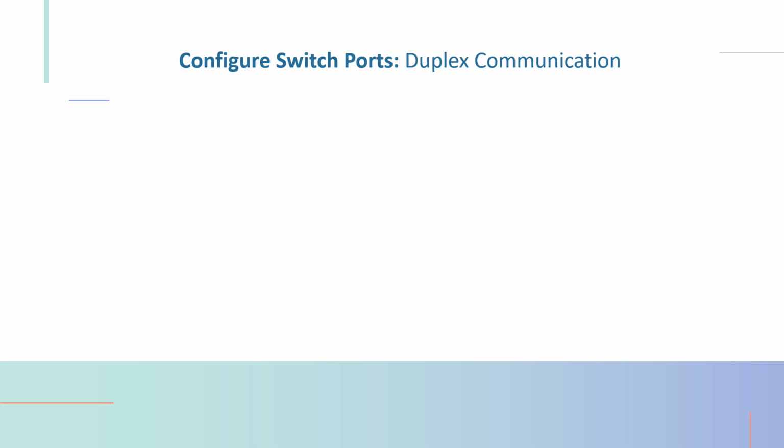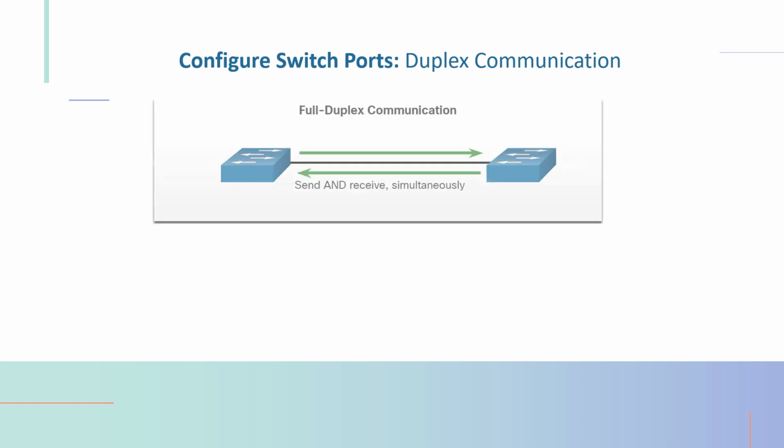Full duplex communication increases bandwidth efficiency by allowing both ends of the connection to transmit and receive data simultaneously. This is also known as bidirectional communication and requires microsegmentation.